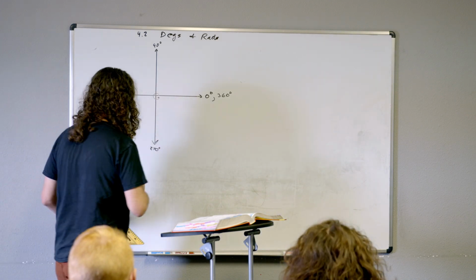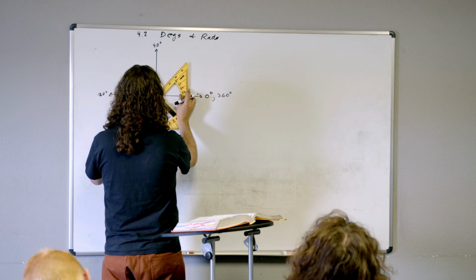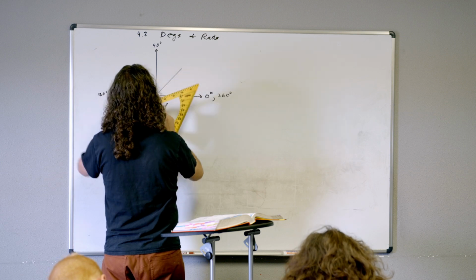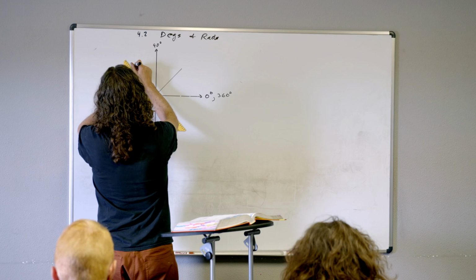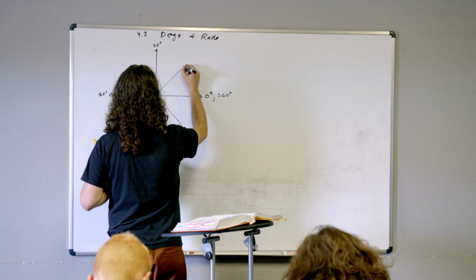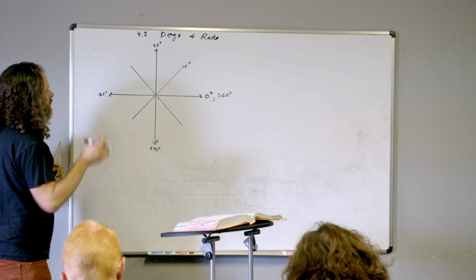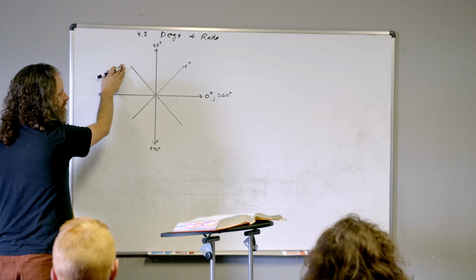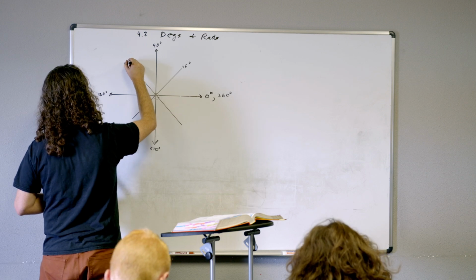And we also have our other nice special things, right? We have some 45 degree things. This one would be 45 degrees. This one would be how many degrees? 135 degrees.